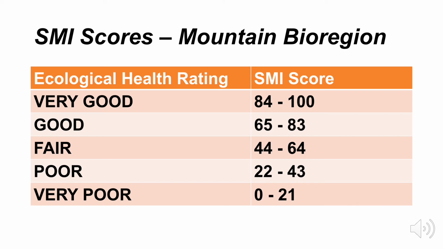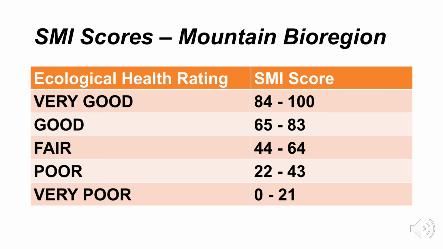As you would suspect, watershed streams that have SMI scores between 65 and 100 are good or very good, and they probably meet the designated beneficial use of the water body. Streams that are rated as poor or very poor probably do not meet the designated beneficial use. And thus, more research is required and or remediation, and fair is kind of in between. It depends on the circumstance and what is the specific beneficial use.